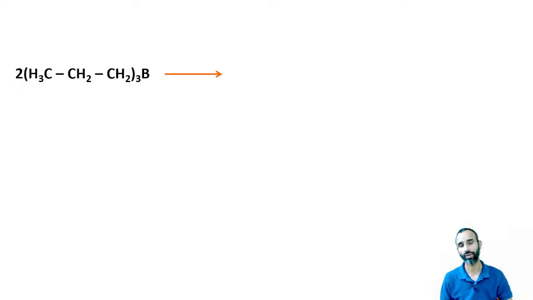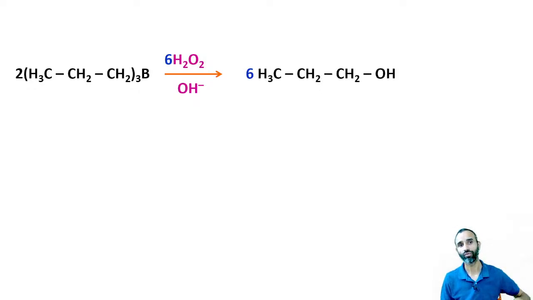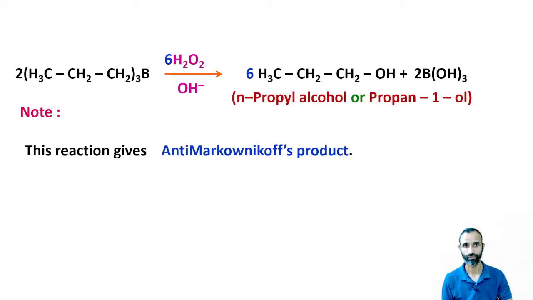This tripropyl borane is then treated with H2O2 in the presence of OH negative, and we get propan-1-ol. This seems to be anti-Markovnikov addition of water. So this gives the anti-Markovnikov product.